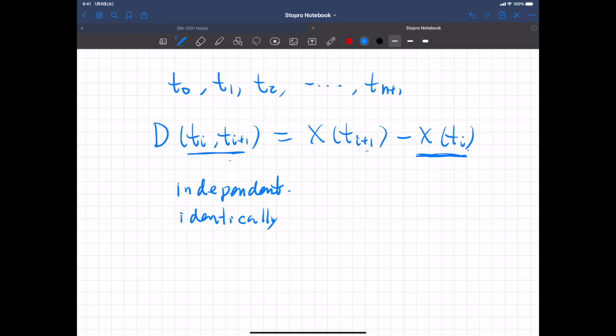So at different time points they follow the same distribution, except that this distribution may be parameterized by the duration of the interval, the dependence on t_{i+1} minus t_i.